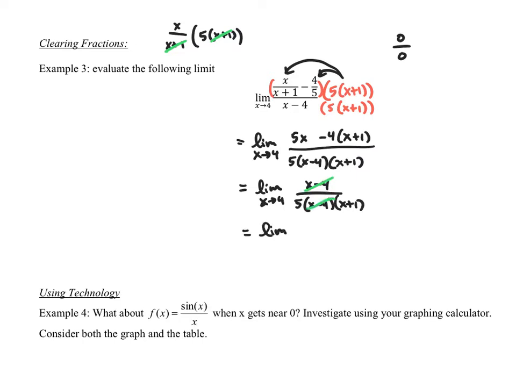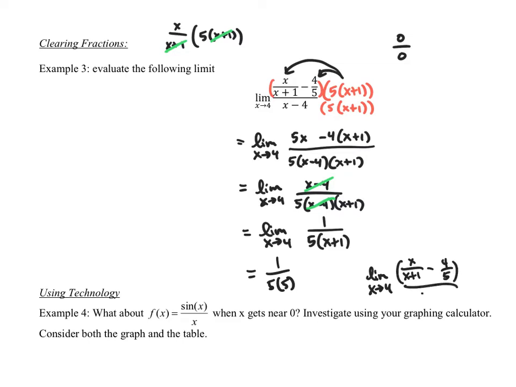That then simplifies my expression to 1 over 5 times (x plus 1). When I plug in a 4, I get 1 over 5 times 5. Therefore, the limit as x approaches 4 of this ugly thing, x over (x plus 1) minus 4/5, that's my numerator, over x minus 4, evaluates to 1/25. Okay, that's our third method.